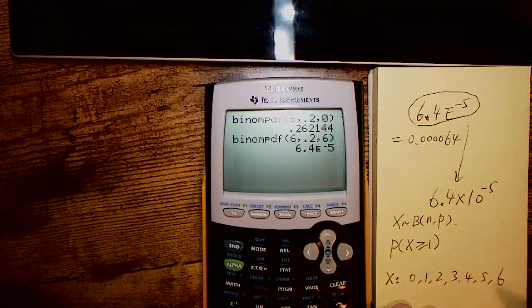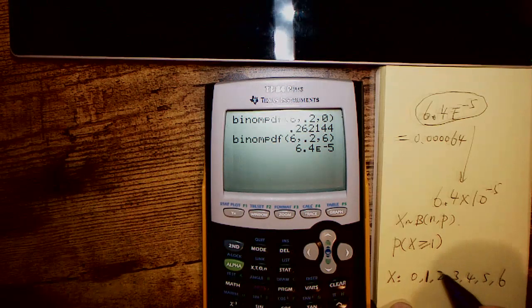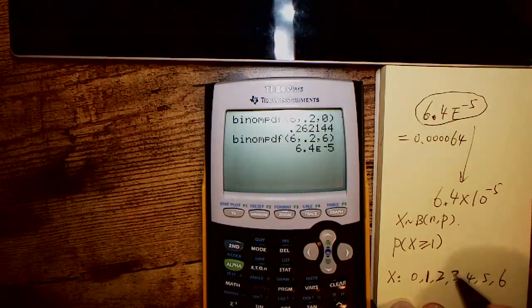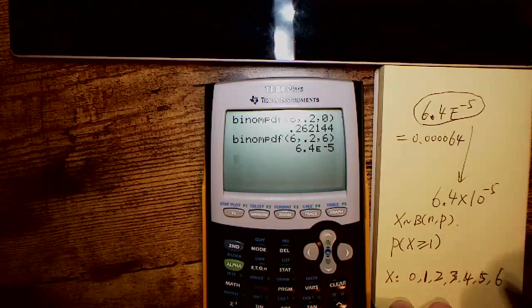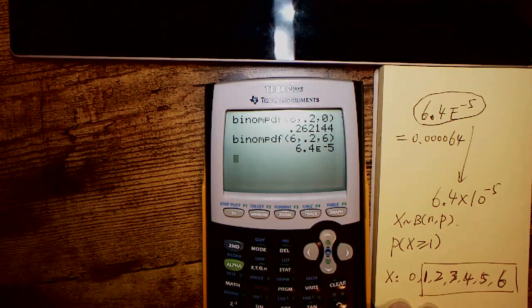At least one means exactly 1, or exactly 2, or exactly 3, or exactly 4, or exactly 5, or exactly 6. So it means all those possible outcomes. Do you agree? That is at least one.